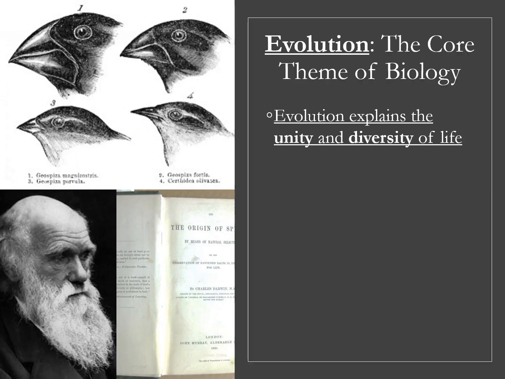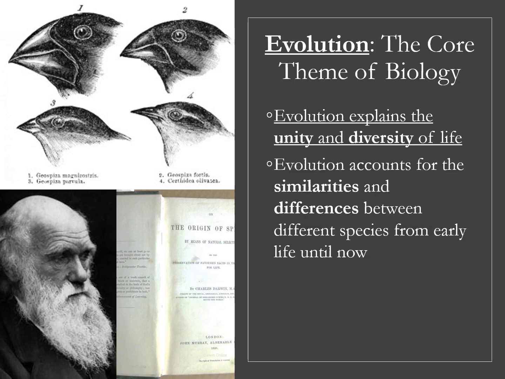So now we're going to get a little introduction into the core theme of biology, which is evolution. And a lot of people know Darwin is the father of evolution. So we'll discover a little bit more about why that is throughout the course. But what does evolution explain? Well, it explains the unity and diversity of life. What does that mean?